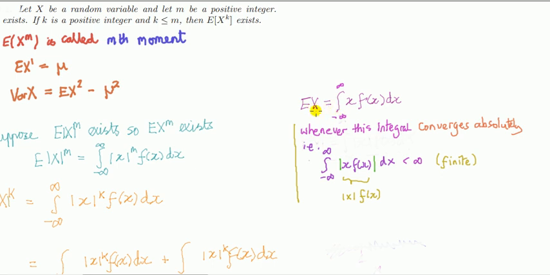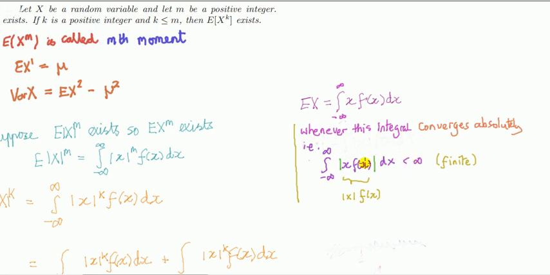So the definition for an expected value where X is continuous is this, whenever this integral converges absolutely. What do I mean by that? It means that if I replace the integrand by its absolute value, just take the positive of it, then this is going to be finite, which we can write as less than infinity.